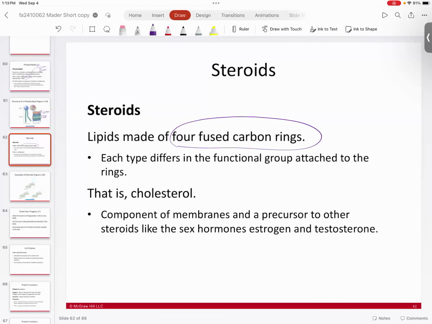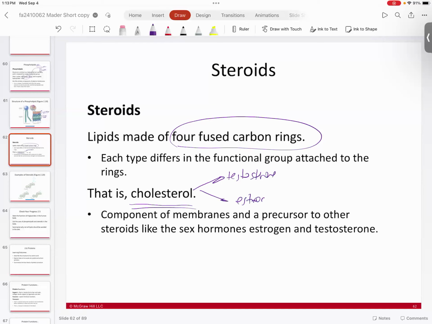And so oftentimes this is a group of functional molecules that have a lot of different functions. The base or the foundation molecule for all of our steroids is cholesterol. And so cholesterol is our precursor that will lead to a lot of our steroids. For instance, we have things like testosterone and estrogen.